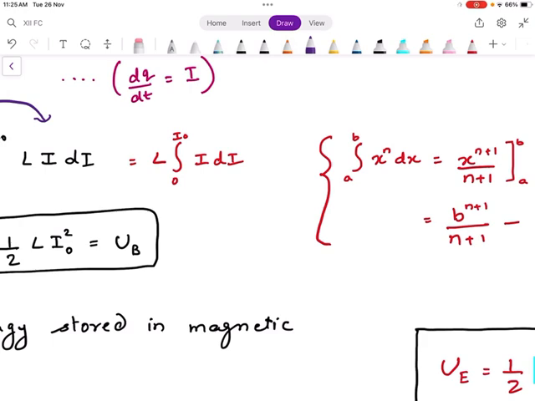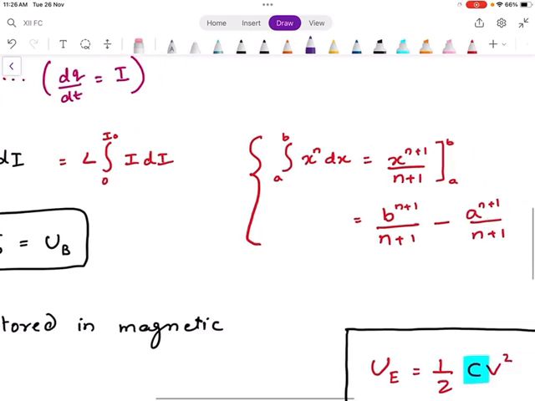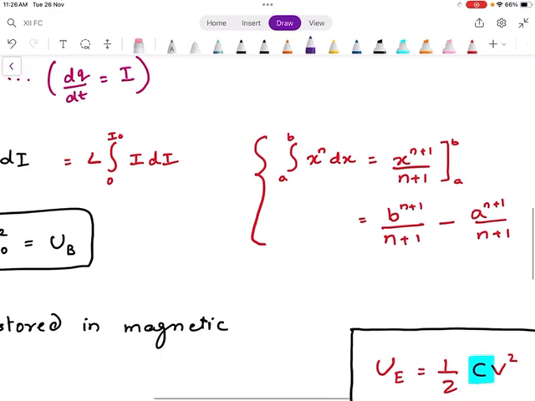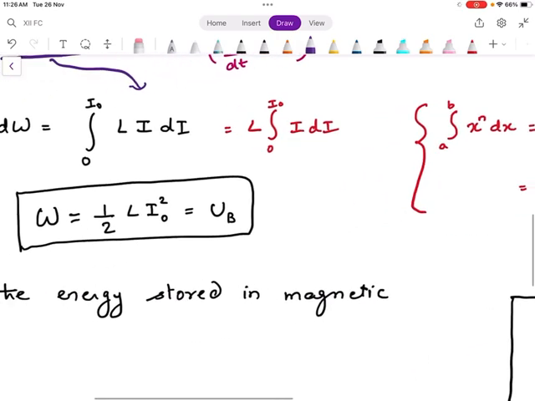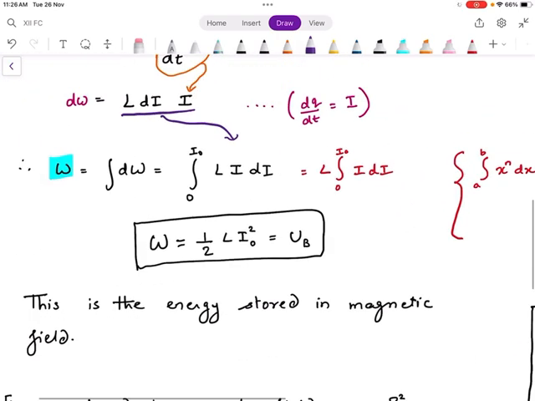How to solve this integration? You know this formula: integration of x to the power of n dx is equal to x to the power of n plus 1 upon n plus 1, between the limits a to b. From there I get W is equal to half L I naught square.